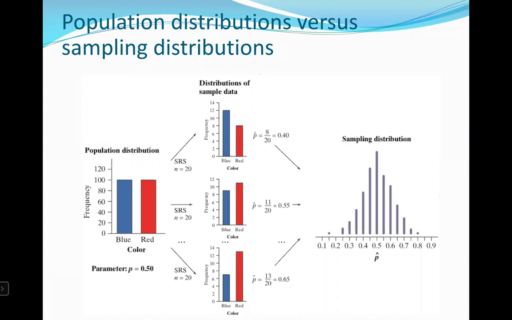So we have a bunch of samples, every possible sample of size 20, where we find blue and red. And then if you look at the sampling distribution, a distribution of the probabilities of every single one of the sample sizes, here sample size 20, that looks normal.